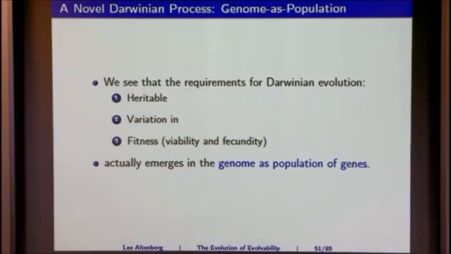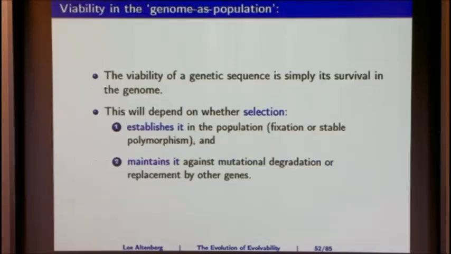Now, if it's not evident at this point, we are here talking about a kind of Darwinian evolution at the level of the genome as a population. The requirement for Darwinian evolution is heritable variation in fitness, and this actually emerges in this genome as a population of genes. Here, viability is simply the survival of a sequence in the genome.